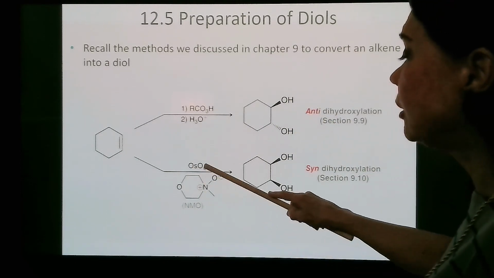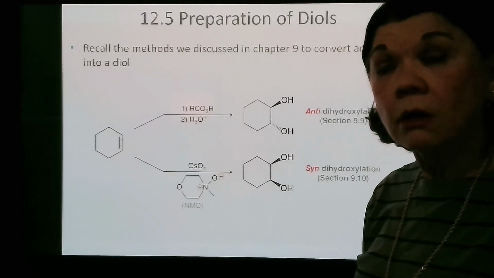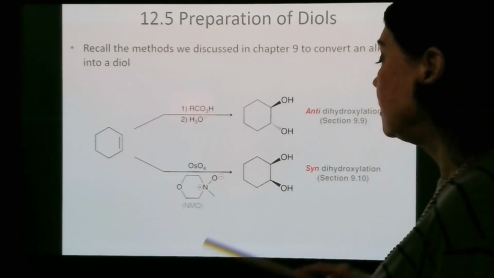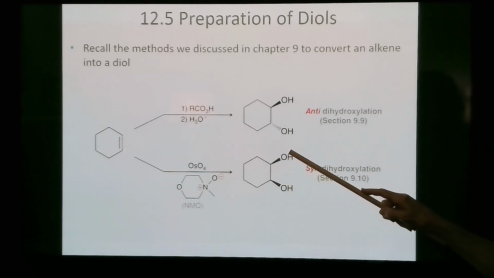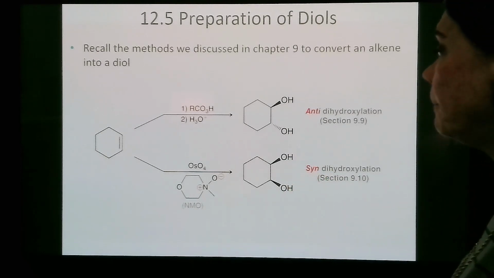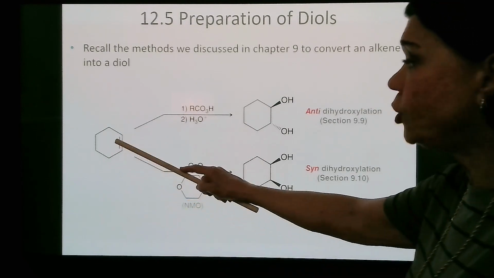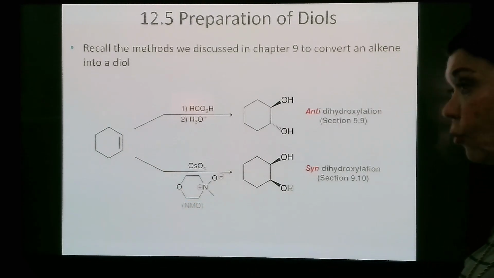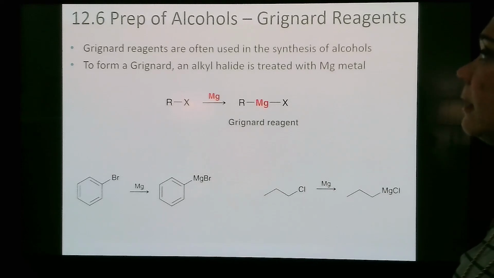Or you can use osmium tetroxide or potassium permanganate to give you syn addition and the cis diol. We had that already in the chapter on alkenes, so there it is for review, just to remind you.